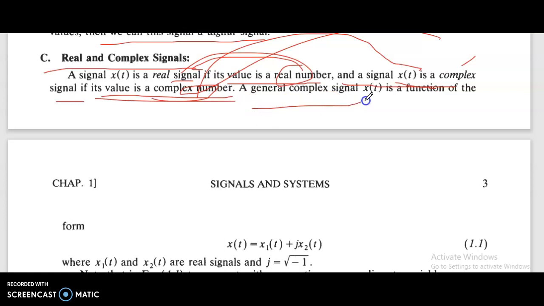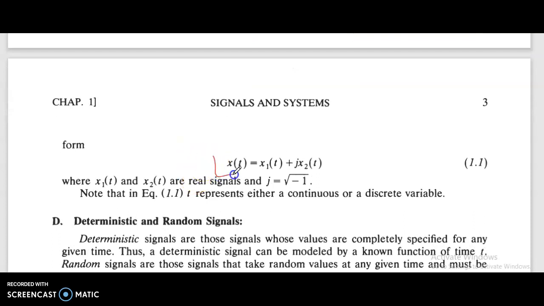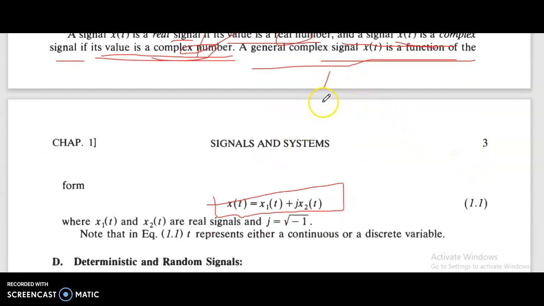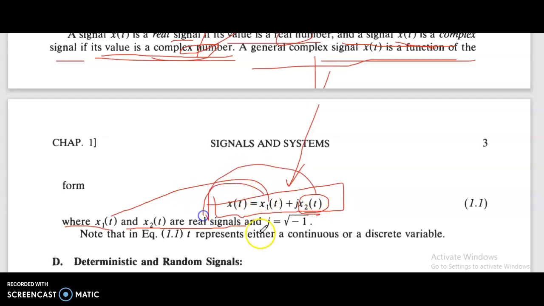A general complex signal x of t is a function of the form x of t equal to x1 of t plus j x2 of t, where x1 of t and x2 of t are real signals, and j equal to root of minus 1.